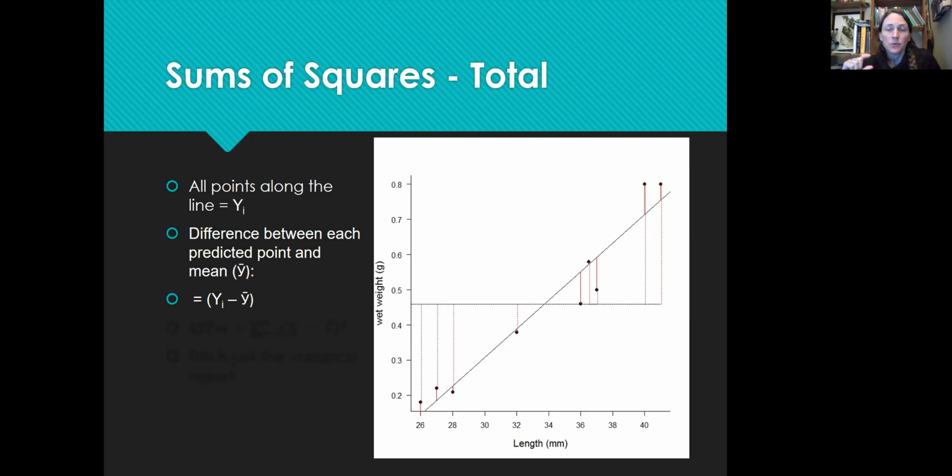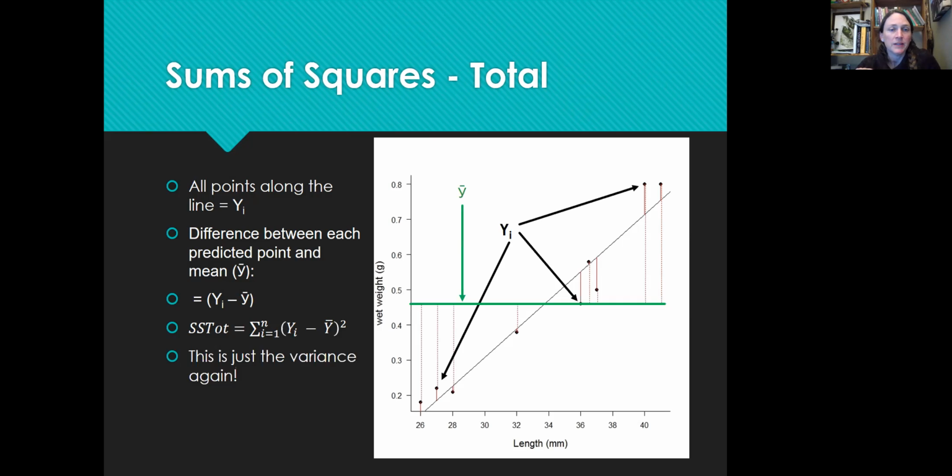So y bar is going to be this horizontal line that you can see here. We're going to take each point and subtract it from the mean y bar, and sum from i equals 1 to n of every value y sub i minus y bar, squared. And that's going to give us the variance.